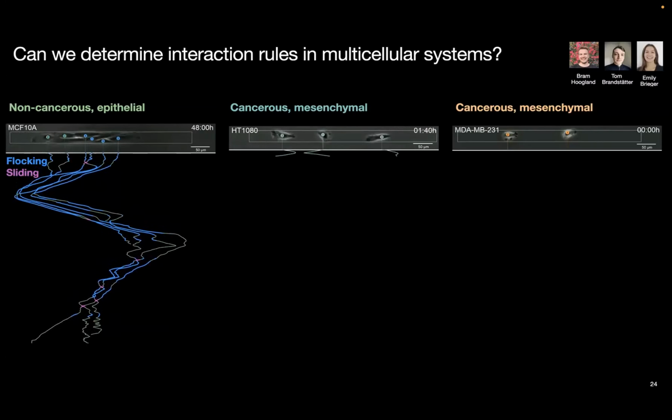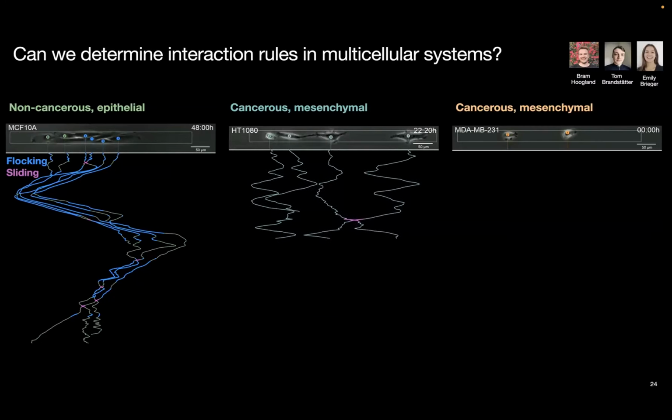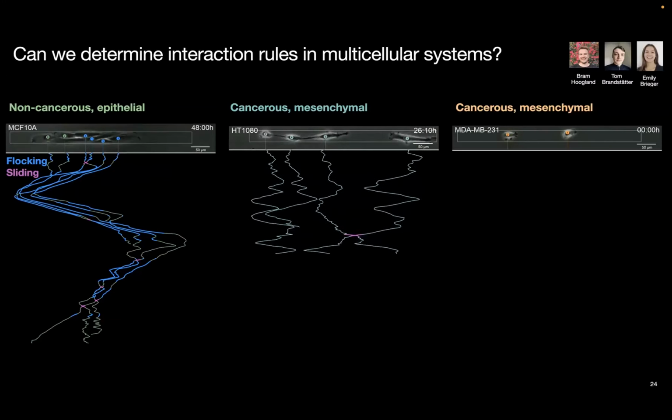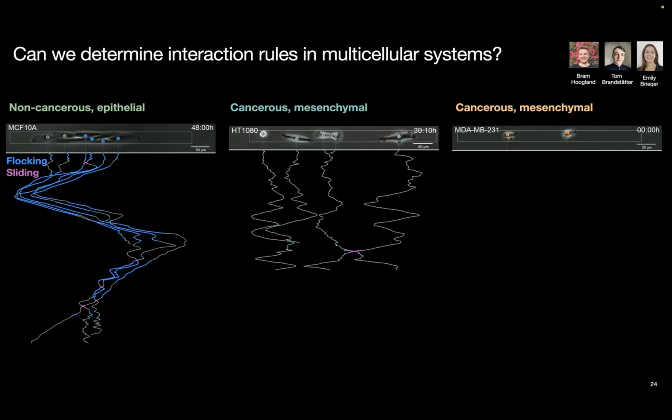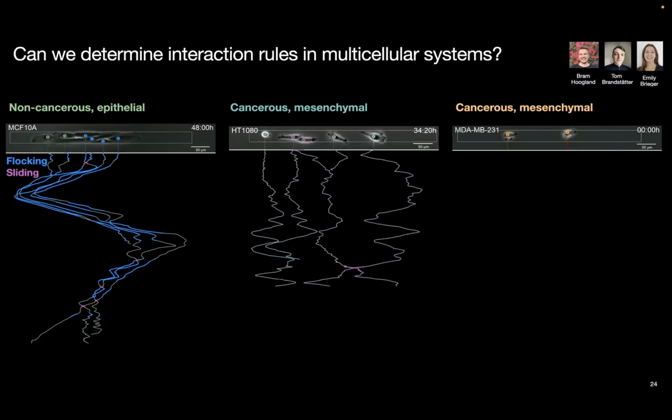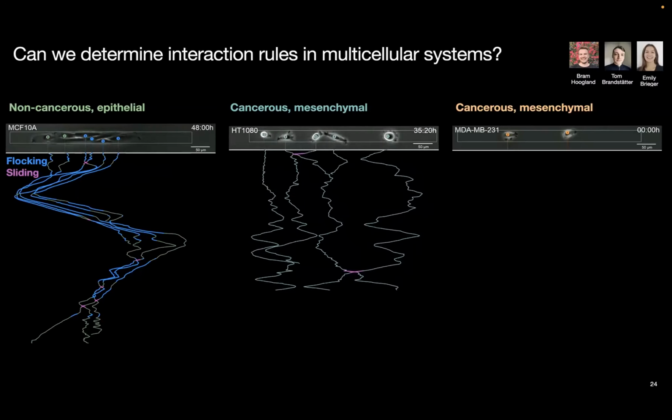Just for contrast, I want to show you a fibrosarcoma cell, a mesenchymal cell type. You see here something very different. First of all, you note that the trajectories hardly ever intersect each other. They also tend to avoid each other a little bit. Sometimes you do see that the cells form clusters, but these clusters are not very mobile. They're quite immobile.